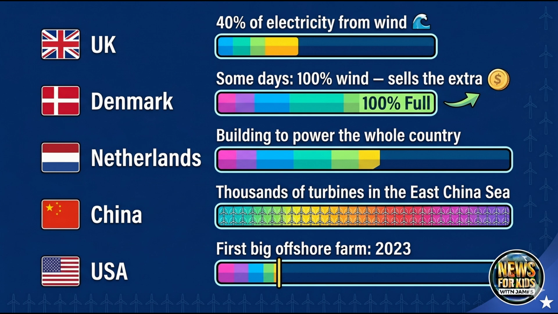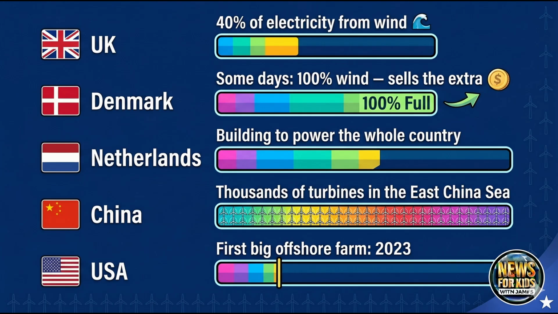The Netherlands is building some of the largest offshore wind farms ever attempted, aiming to power most of the country by 2030. China has built vast offshore arrays in the East China Sea and Bohai Bay, thousands of turbines stretching to the horizon.